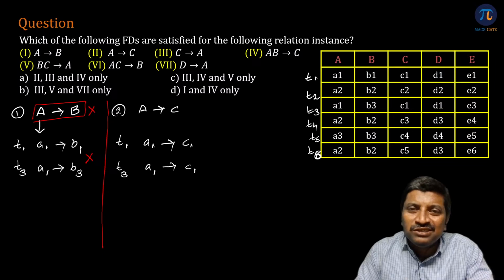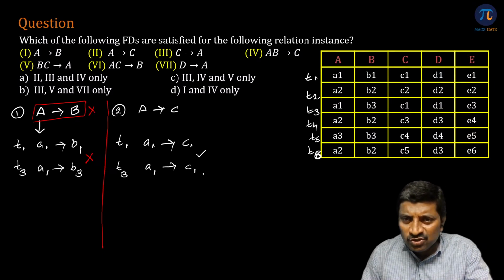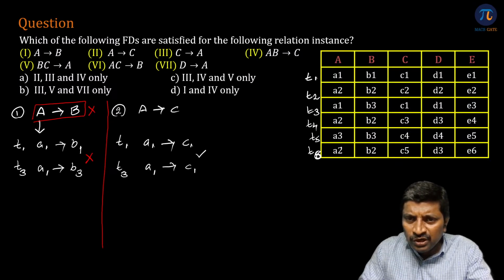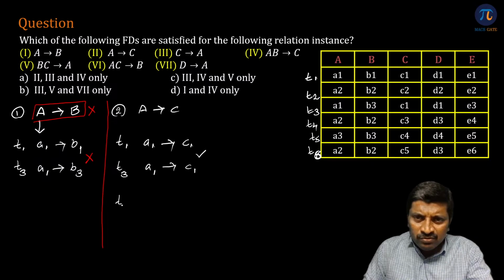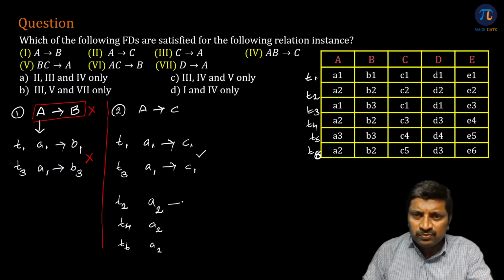Consider other rows in which there are duplicates. So this is fine. And any other duplicates? A2, A2, A2. Yes, I have T2, T4, T6.